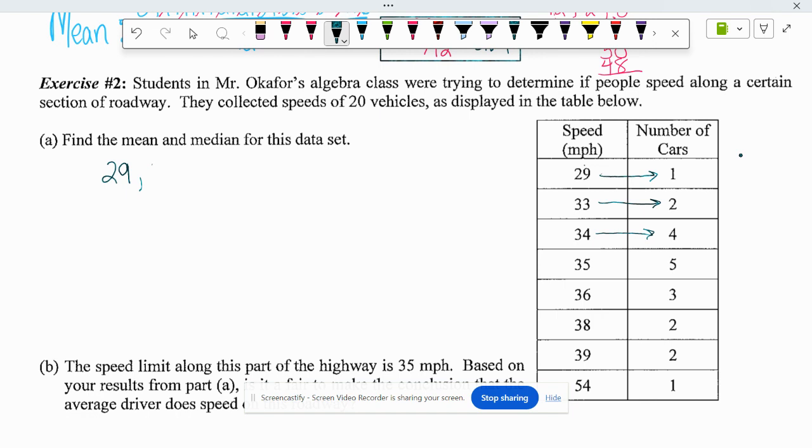So when you input this, you have 29 once. 33 appears twice. Everybody pick up your calculators, press the stat button, edit.